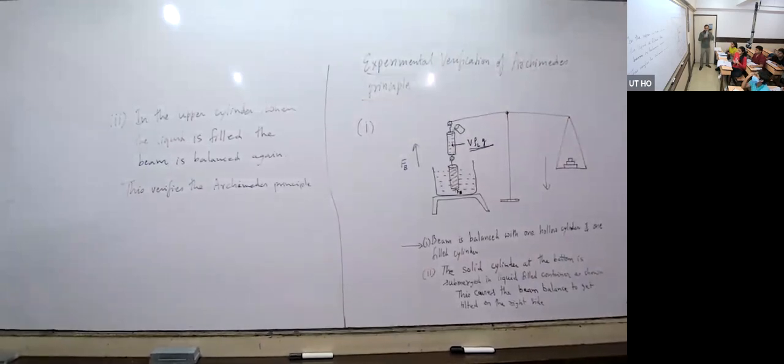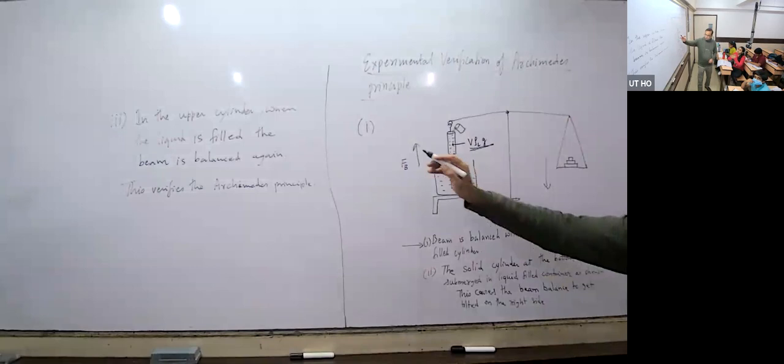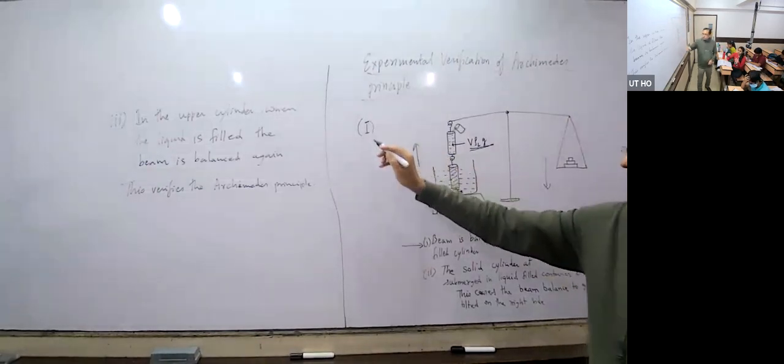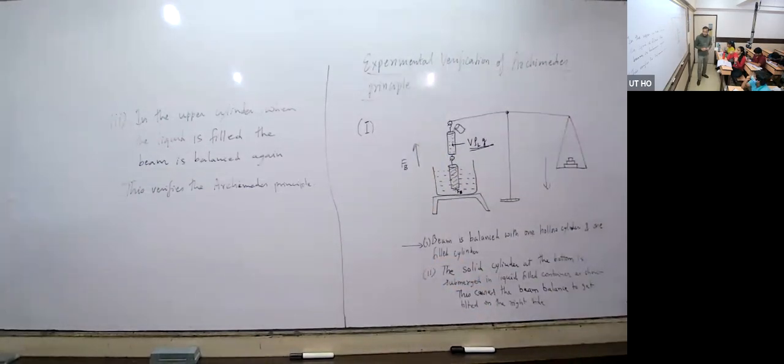Look at the second experiment. Question: the first cylinder and the second cylinder weigh the same. They are identical. So the weight of water displaced would be twice that of one cylinder, right?